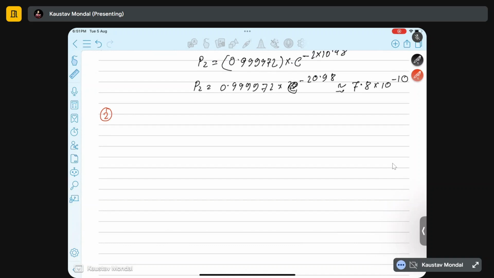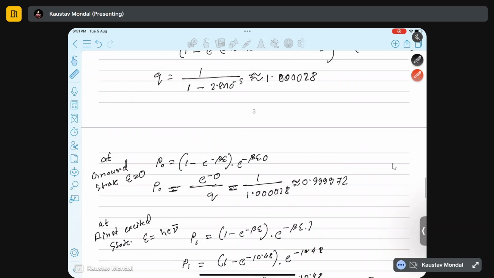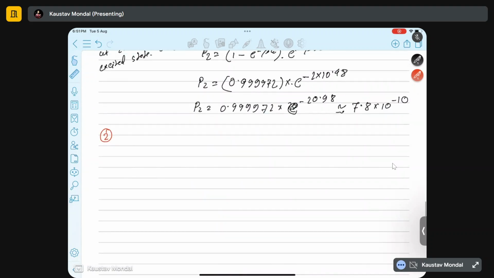Now for NO, the nitrous oxide, I guess. So NO with vibrational wave number nu bar equal to 1904 centimeter inverse.